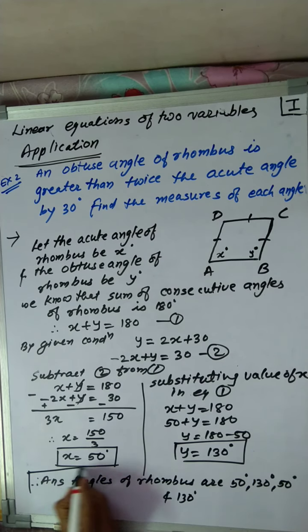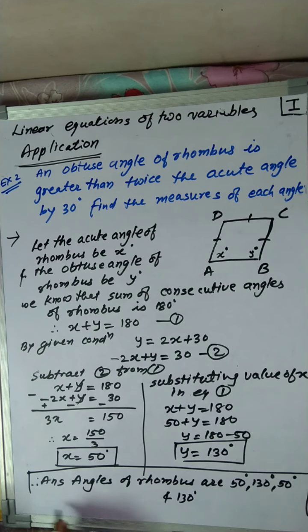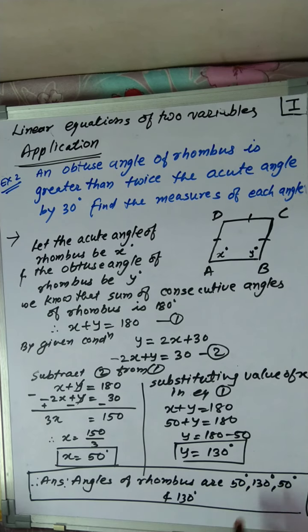This is our final answer. Our answer is angles of rhombus are 50 degree, 130 degree, 50 degree and 130 degree.